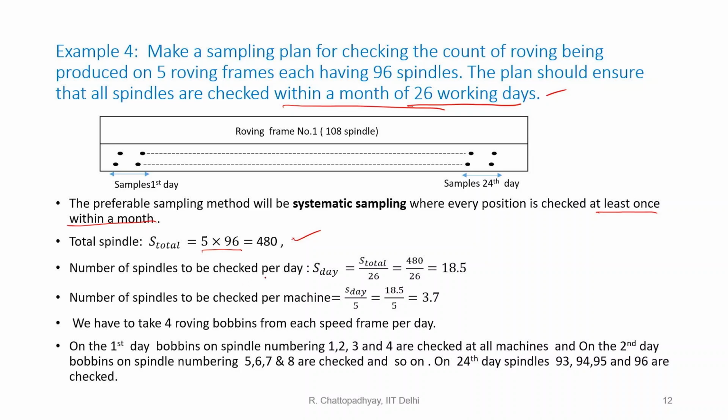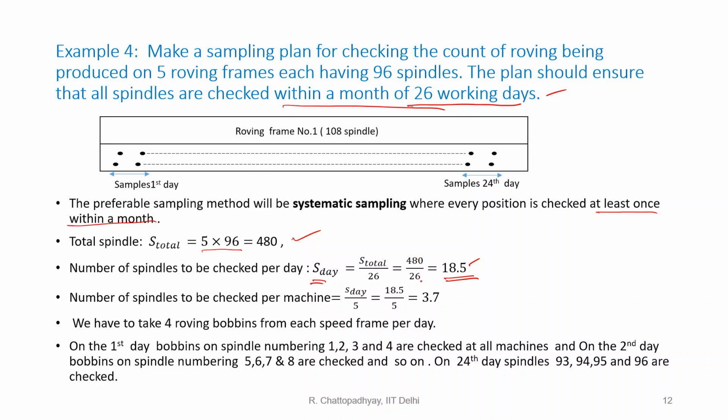Now, the number of spindles to be checked per day: because in 26 days I have to complete checking the bobbins being produced by all 480 spindles, each day I have to check 480 by 26, which is 18.5 bobbins. It's a fractional number or decimal figure. Obviously, 18.5 bobbins cannot be, it will be either 18 or 19.